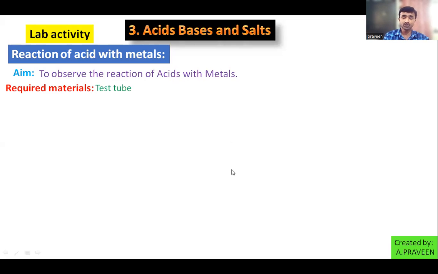So what are the required materials? Here look, a test tube and delivery tubes to connect it. In the second lesson we learned that if a chemical reaction takes place, maybe gases evolve, or a precipitate forms, or heat may be liberated. So here I don't know what may be produced.